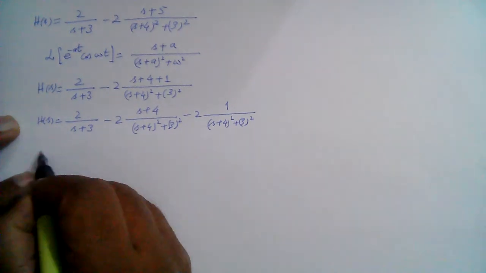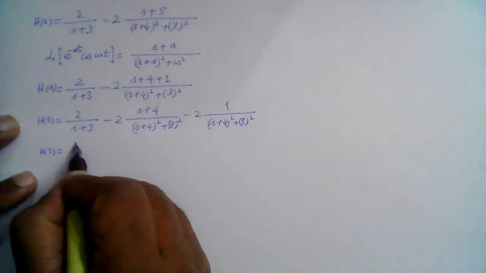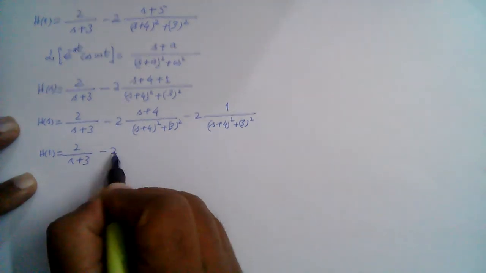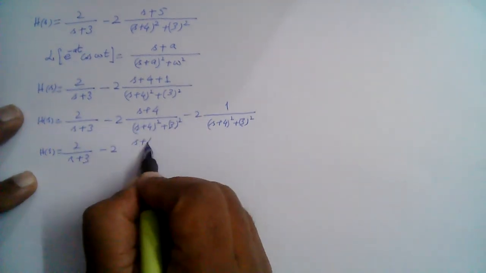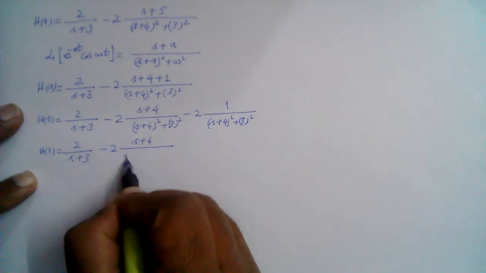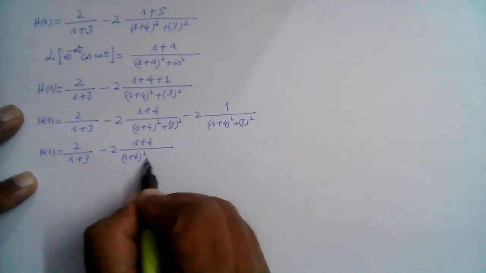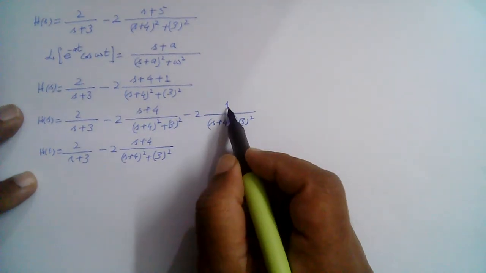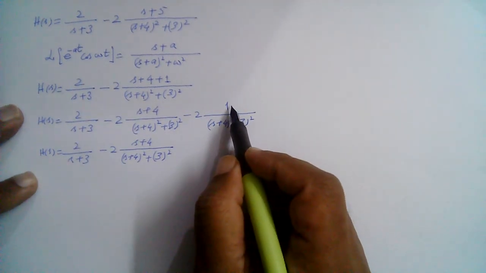And now h of s is equal to 2 over s plus 3 minus 2 into s plus 4 over s plus 4 squared plus 3 squared. And now if we have 3 here, and this will be the Laplace transform of e raised power minus at sine omega t.